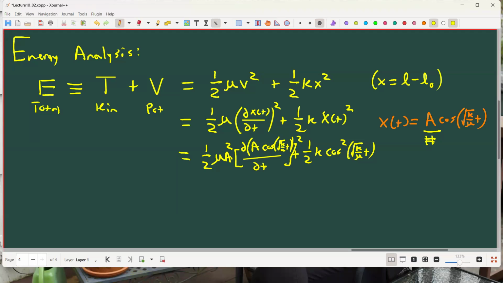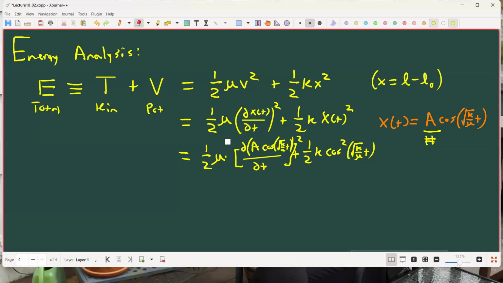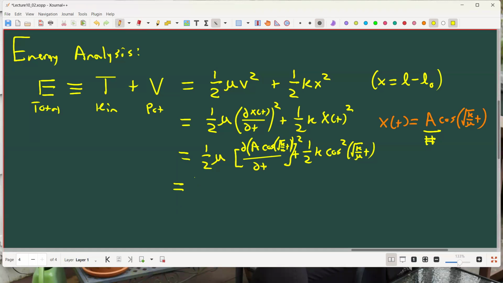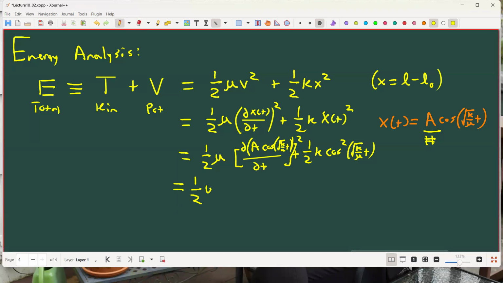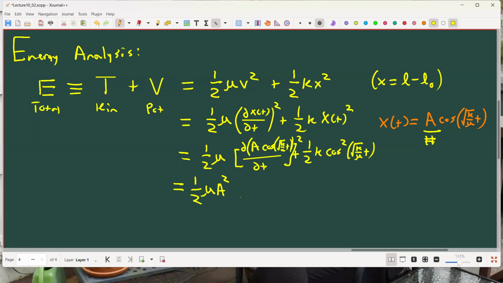Like the a squared, why would that come outside? I forgot to erase it. Yeah, sorry, thank you. So this is where it comes out. So let me just evaluate this. So we get 1/2 mu a squared. And then from the chain rule, we have to take a derivative of the interior. So we're going to get a factor of k over mu, square root, and it gets squared.